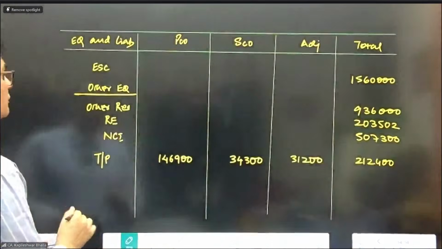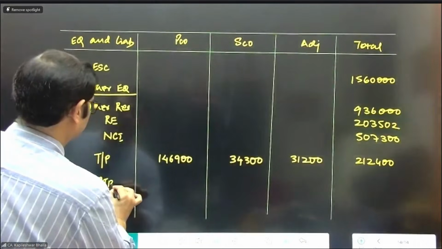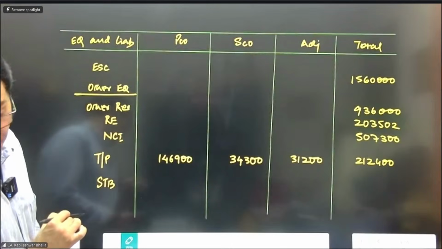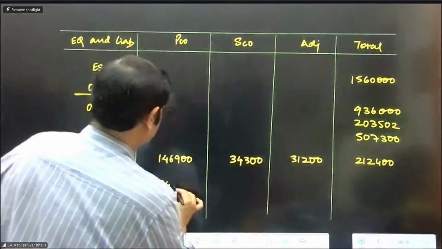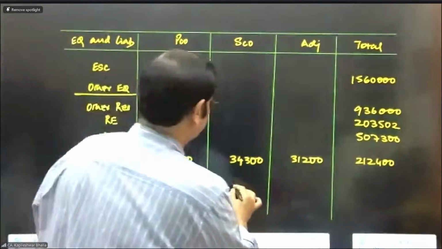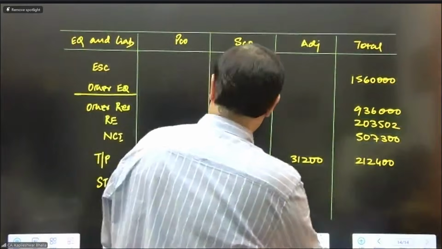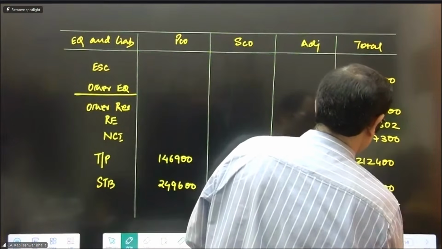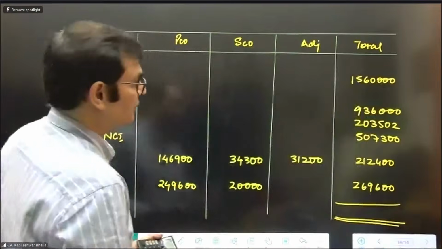And we're given the short-term borrowings. The short-term borrowings is to the extent of 249,600, and that's 20,000. No fair value adjustments, it comes to 269,600. And I think this should close the balance sheet for the company.